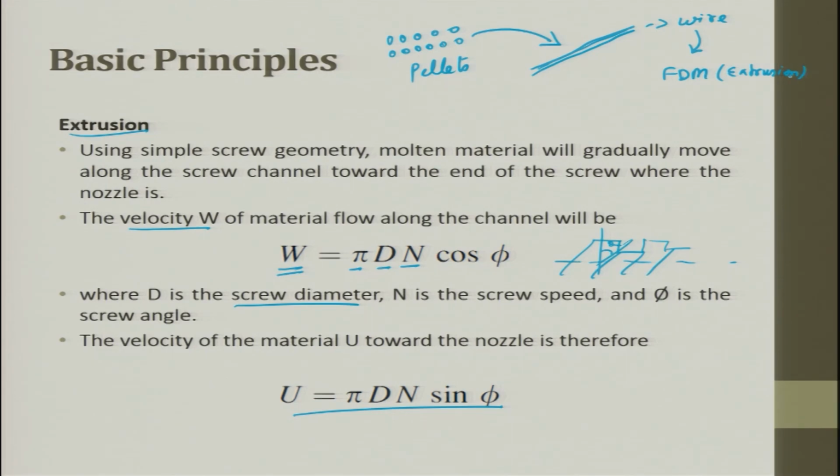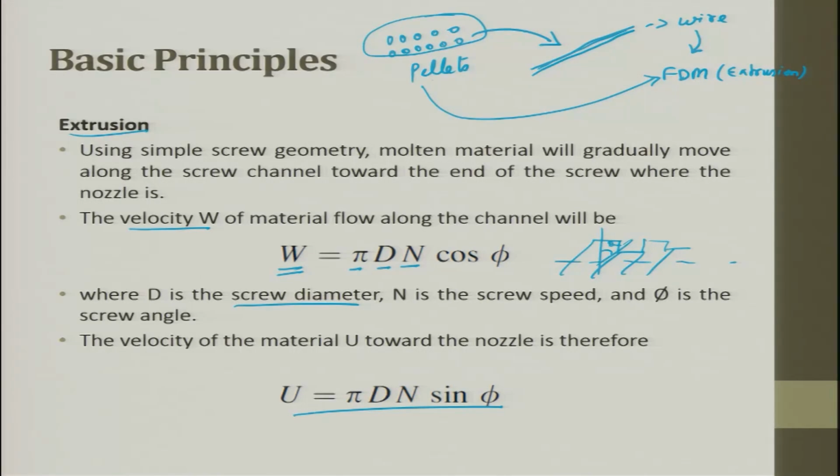Now people have started thinking, why should I use pellets to convert to wire and then extrude the wire and use it in FDM? Rather than that, why don't I bypass this step and go directly from pellets to FDM? So the starting material for FDM today, people are thinking, why don't we use pellets itself? This will reduce one process, and when we start using pellets and go directly to FDM, the resolution of the objects can be improved.